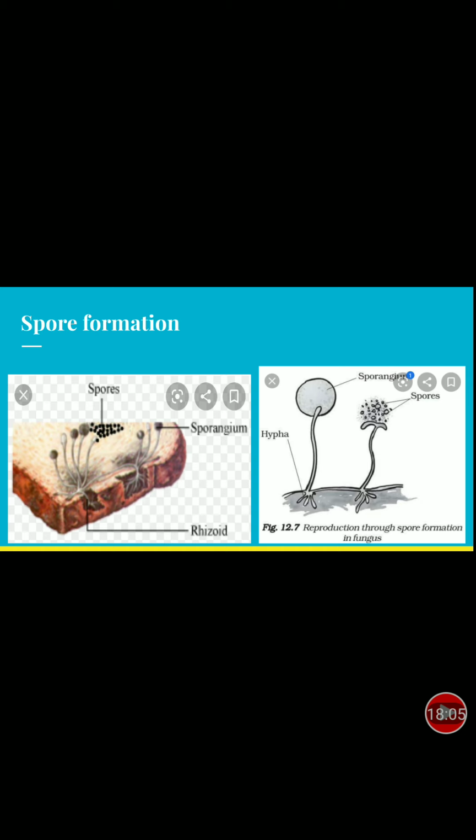If you cut these and see, there are spores inside. S-P-O-R-E-S. These spores germinate, G-E-R-M-I-N-A-T-E-S, and develop into a new individual.